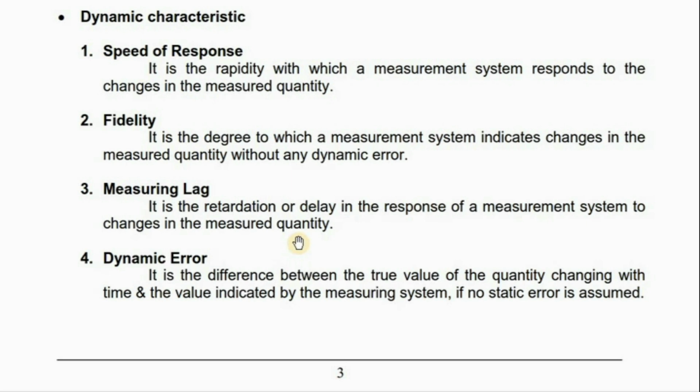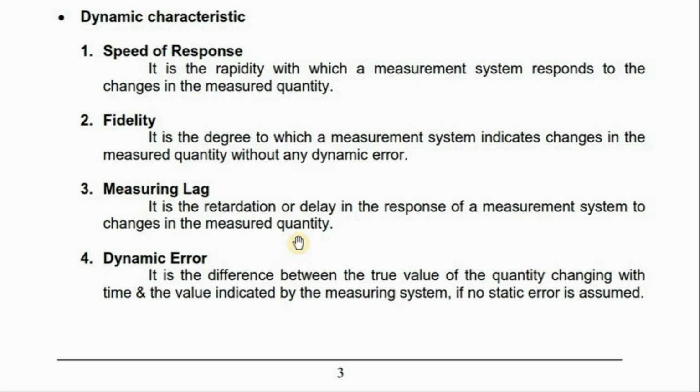It is rising from, let us take, 15 degrees Celsius. It became 16, 17, 18, 19. And between these changes, the measuring system we are using is not responding at all. When the temperature has reached 19 degrees, the measuring system starts to show changes, and it is showing only 16 degrees.